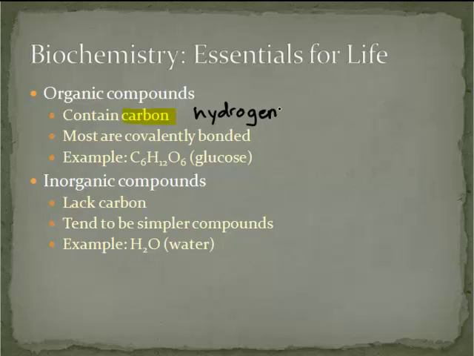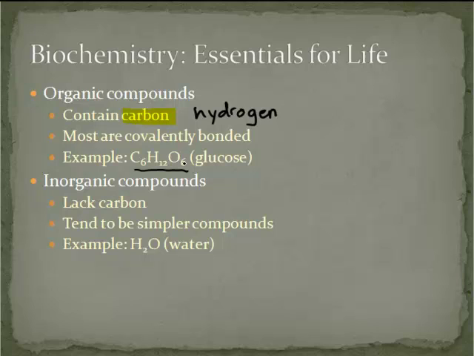You may have heard someone say before, we have carbon-based life. It's called carbon-based because living things are built of organic compounds, and because they contain carbon, we call that carbon-based life. Most organic compounds are covalently bonded. For example, this glucose that we saw just a minute ago, C6H12O6, those 3 types of atoms in different numbers are all covalently bonded together. That's what we call an organic compound.